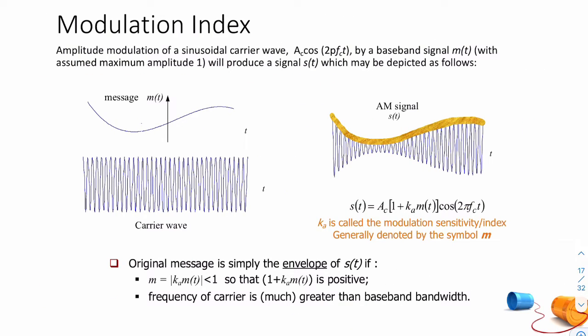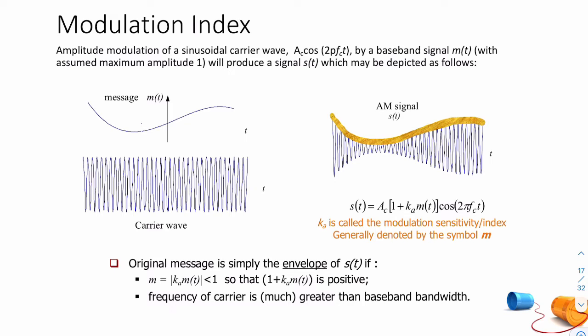So, I want to introduce something called the modulation index, or the depth of modulation. That determines how deeply we impress this signal on the carrier. So you could impress the signal very lightly or more deeply. So this depth of modulation is determined by something called the sensitivity, or the modulation index.